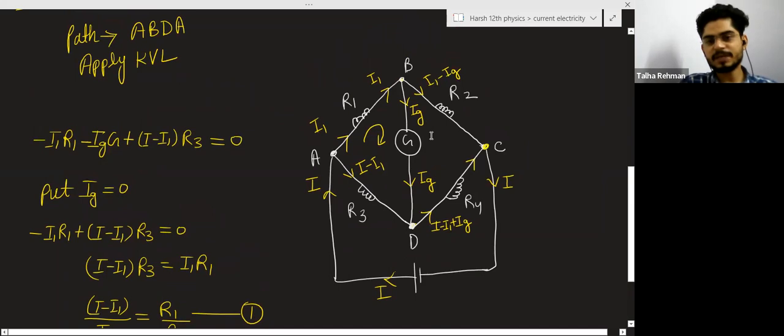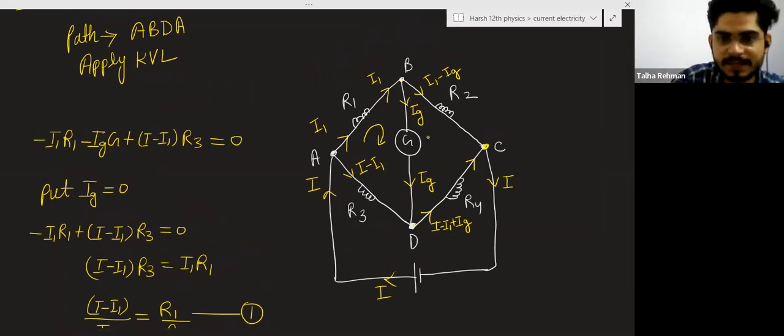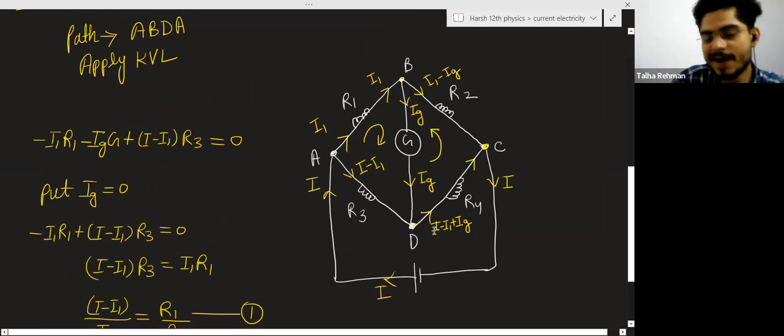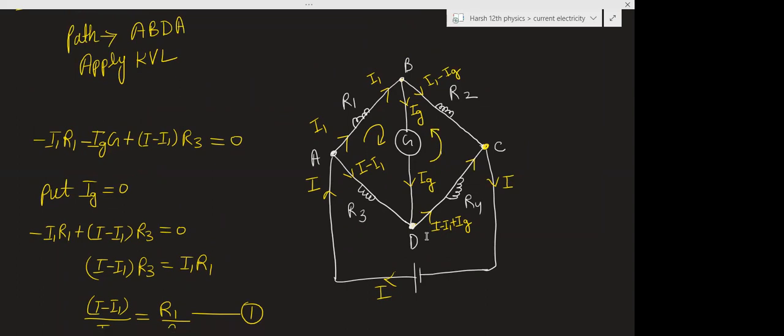Now we will apply the KVL in this loop. Just choose any direction. Just choose this direction. Which point do you want to start from? Sir, C. Okay, fine.